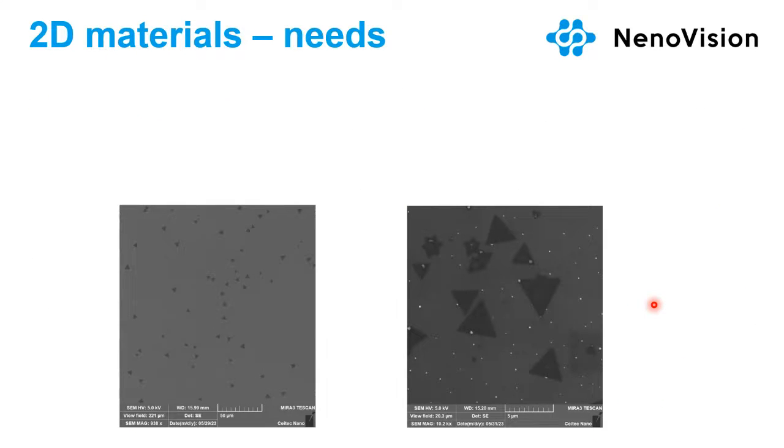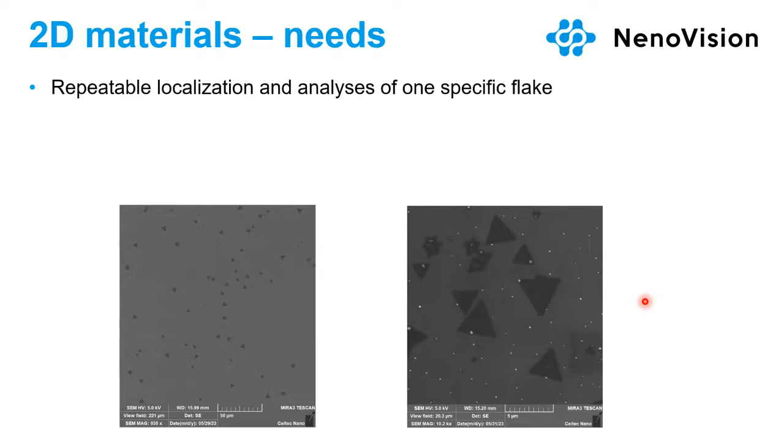What do two-dimensional materials need? They need a repeatable localization and analysis of one specific flake. So we have here an SEM overview of a flat silicon surface with flakes on top of it. But that's actually exactly how it usually looks like.